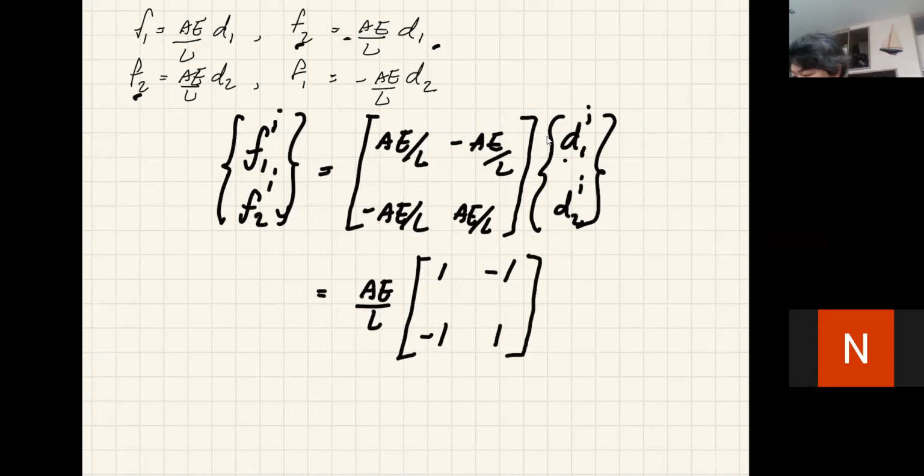So now you can see you have the stiffness matrix of any member i.